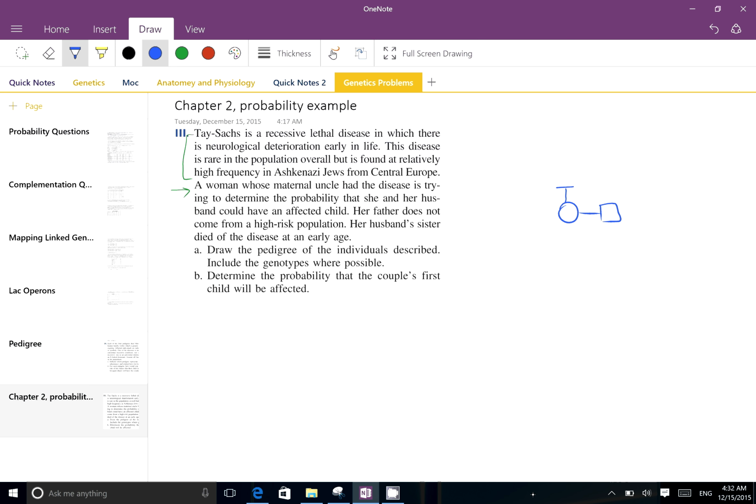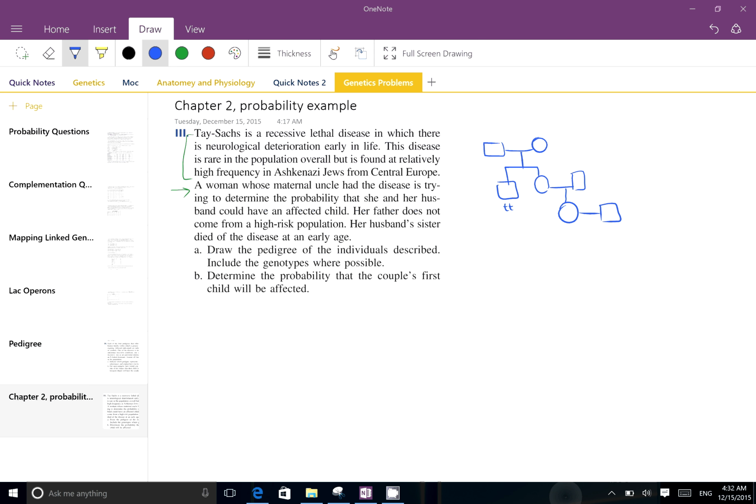So let's draw her parents, and her mom has a brother, and then those are her grandparents. Her maternal uncle has the disease, Tay-Sachs.